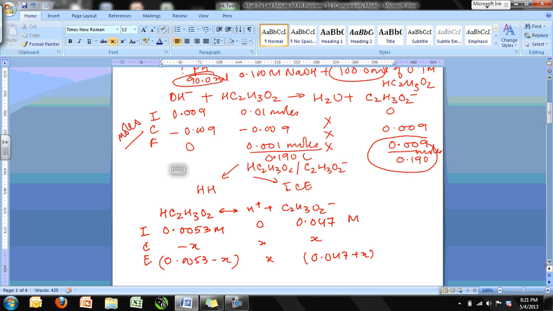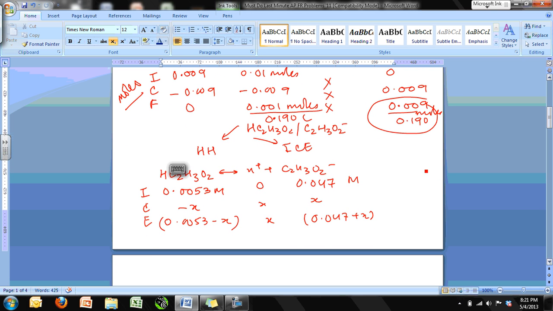And when you write the Ka expression, it will be x times 0.047, we'll ignore the plus x, divided by 0.0053. And the Ka value here, 1.8 times 10 power negative 5, is equal to x times 0.047 divided by 0.0053.